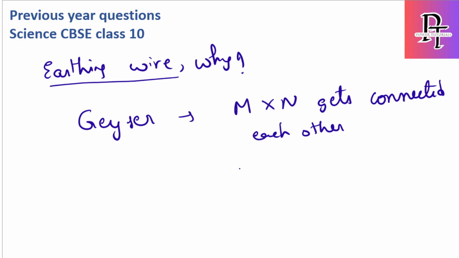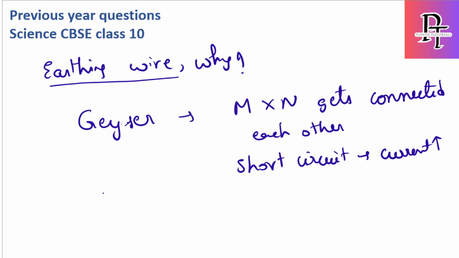A short circuit happens. Due to the short circuit, the current will increase. So if high current passes through the geyser, the geyser will get affected.